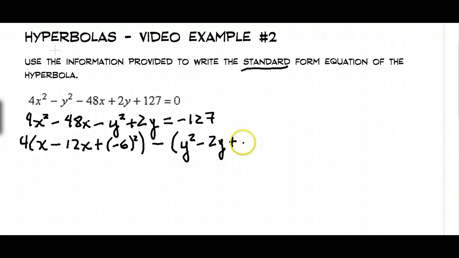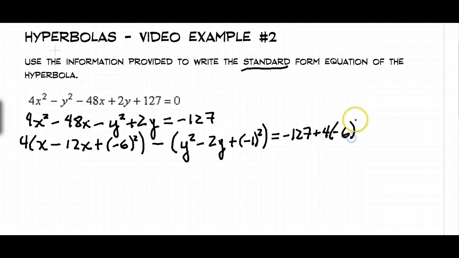Alright, so continuing with completing the square, take half of negative 2, that's negative 1 squared. Alright, and that's going to equal negative 127. And then we're adding 4 times negative 6 squared here, so plus 4 times negative 6 squared.